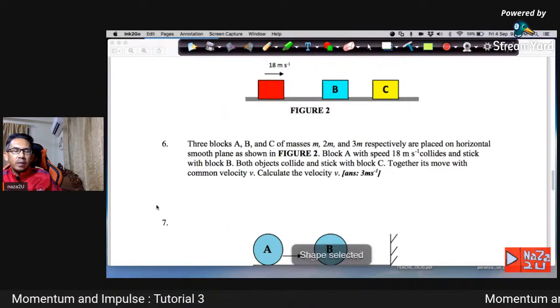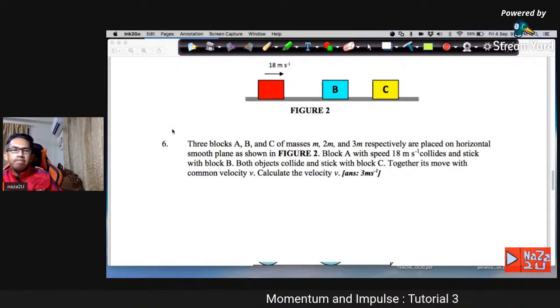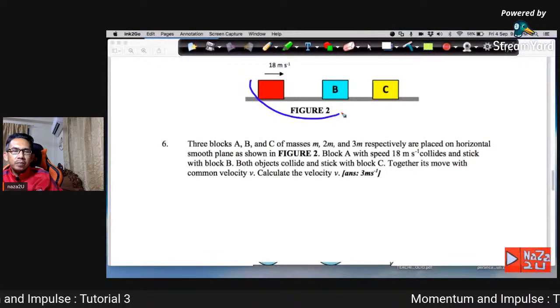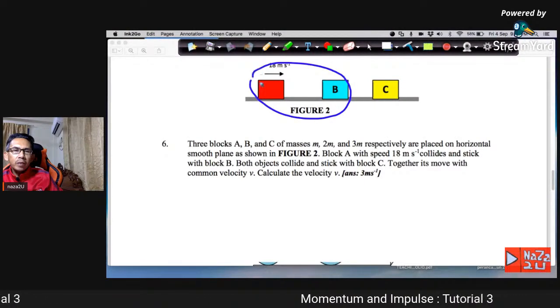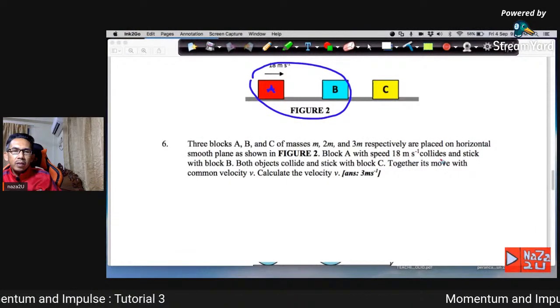So now to find the solution for question number 6, you start with the first part, between object A and B. Because it's an inelastic collision, they collide and stick together.